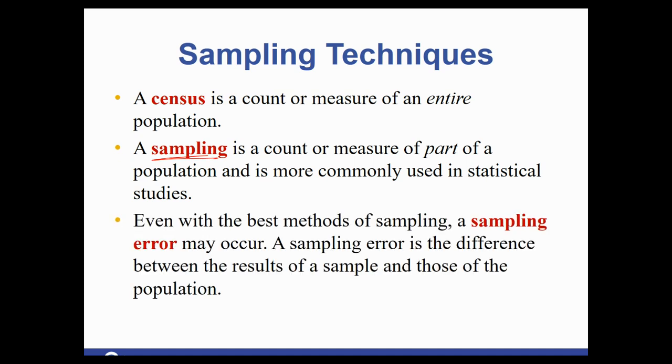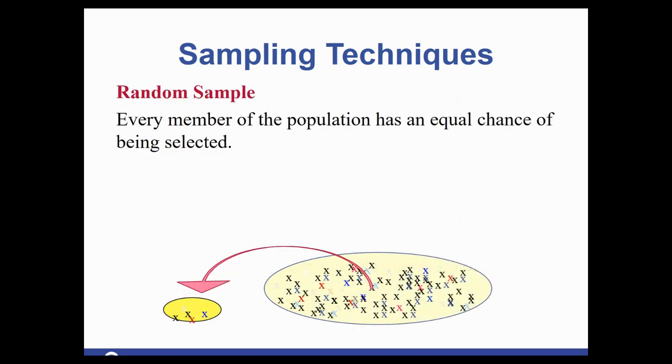Even with the best methods of sampling, a sampling error may occur. A sampling error is the difference between the results of the sample and those of the population. So maybe we just didn't have the best representative group. So we want to be able to take a random sample, so every member of the population has an equal chance of being selected.